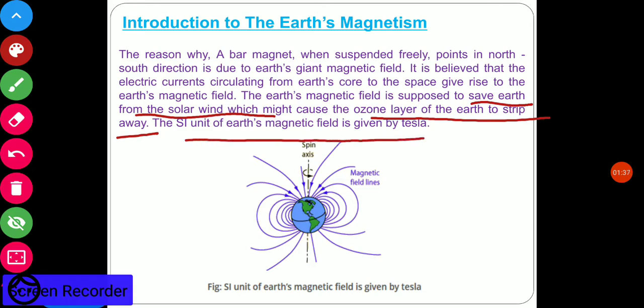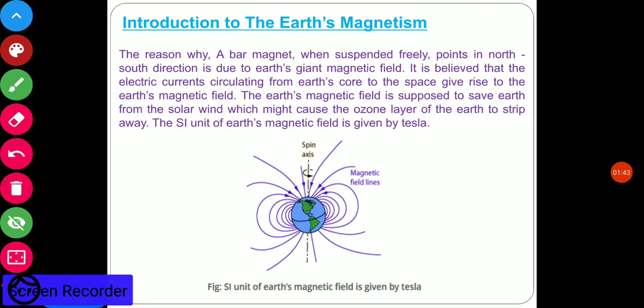The SI unit of the Earth's magnetic field, you already know, is Tesla. So the reason for the freely suspended bar magnet pointing north and south is that there may be some type of magnet inside the Earth.